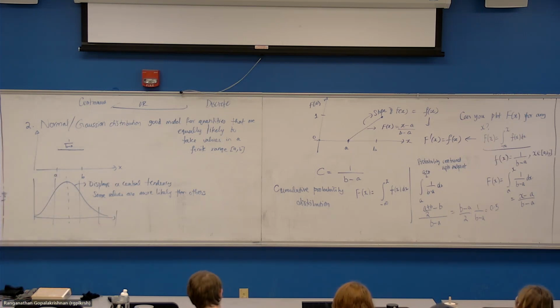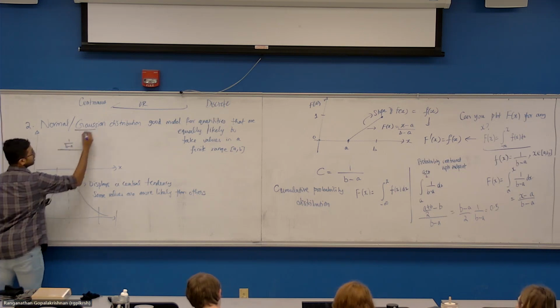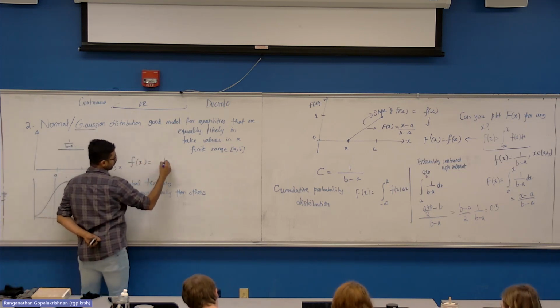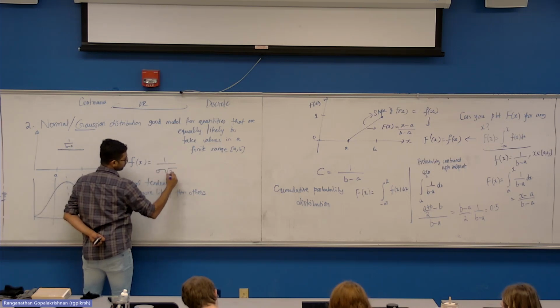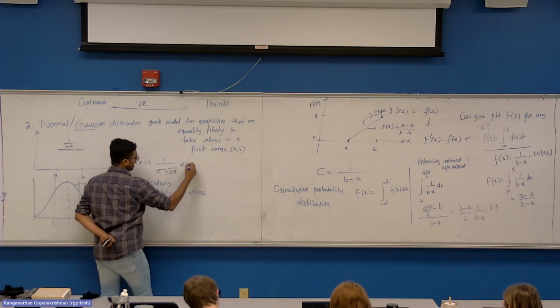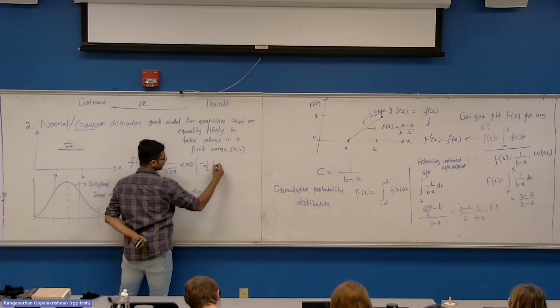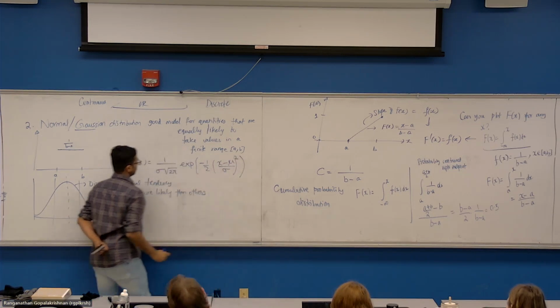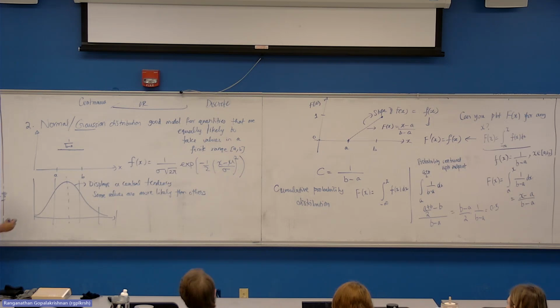What Gauss did is to come up with this function f of x equal to 1 over sigma times square root of 2 pi, times exponent of minus 1/2 times (x minus mu by sigma) squared, that correctly describes the data.